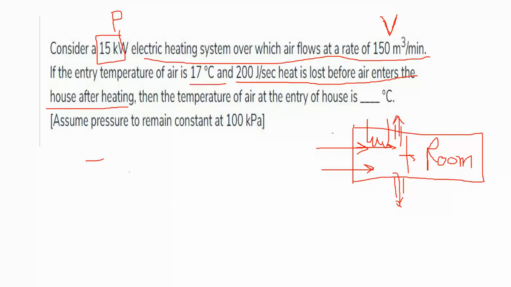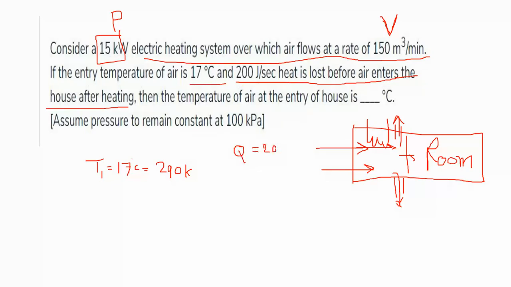So the inlet temperature T1 given to us is 17 degrees Celsius, or you can say 290 Kelvin, and 200 joule per second, and joule per second means watt. So the amount of heat rejected Q is 200 watt.